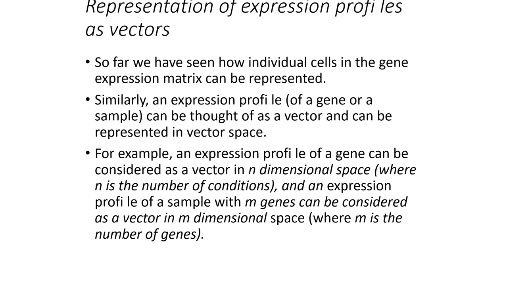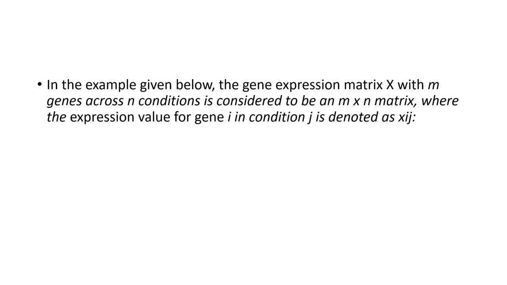So m is the number of rows, like m1, m2, m3, showing the different rows within the same column. And n is the number of conditions, n1, n2, n3, which is the single row with multiple columns. Now the gene expression profile is clear.